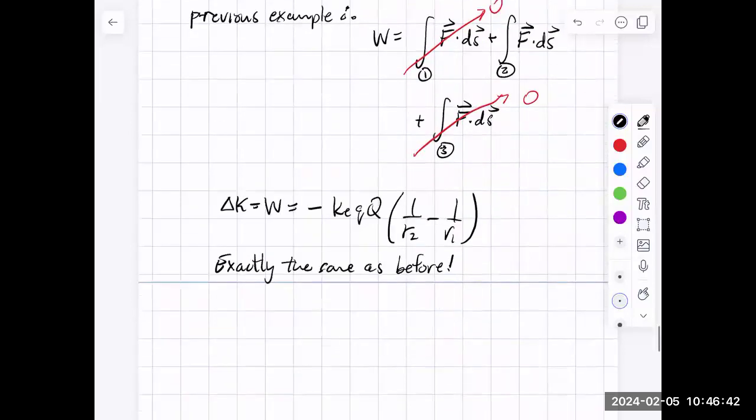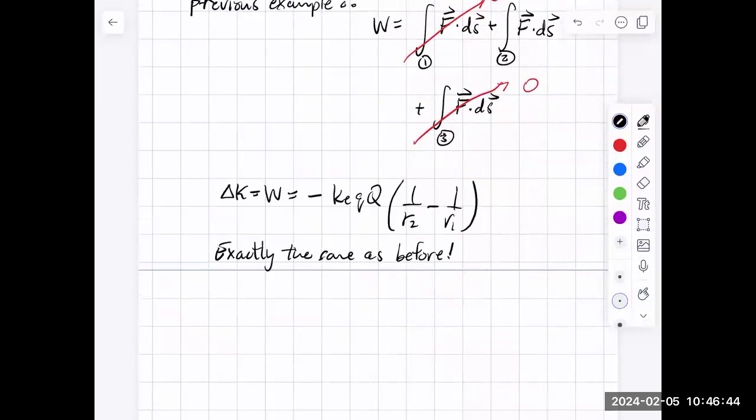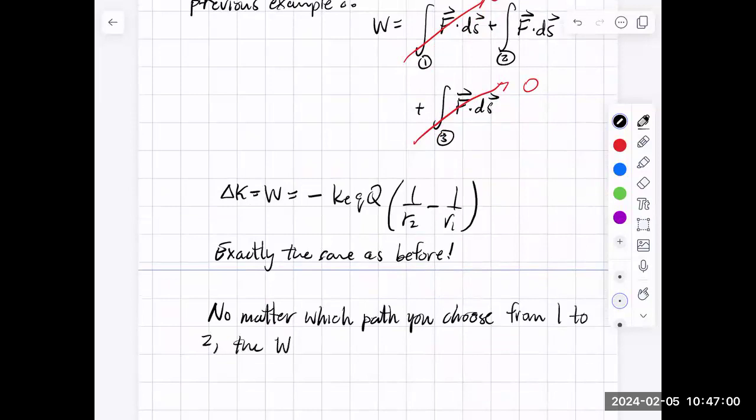Okay, so no matter which path you choose from 1 to 2, the work will always be the same.